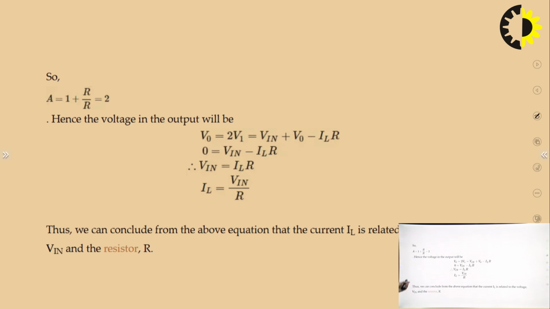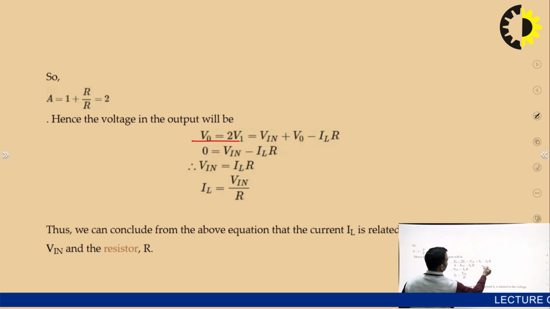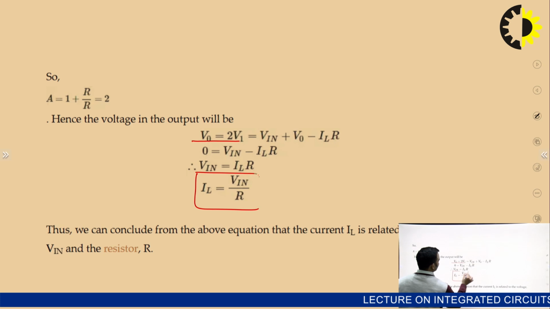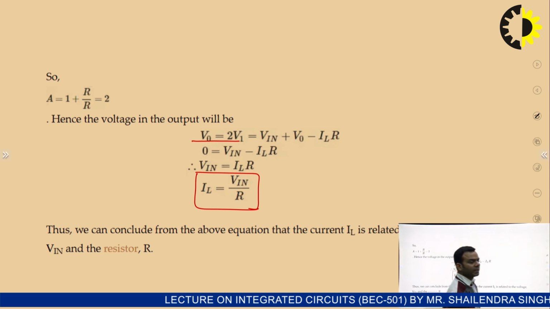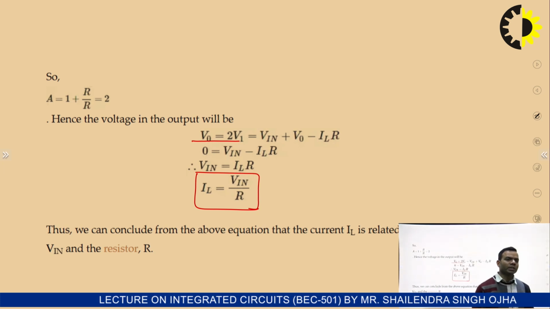So, if you put this value 2 here, that means V naught is equal to twice of V1. If you put it, then 2 and 2 will be cancelled out and you will simply get IL is equal to V in divided by R. So, this is how this circuit can convert voltage into current.